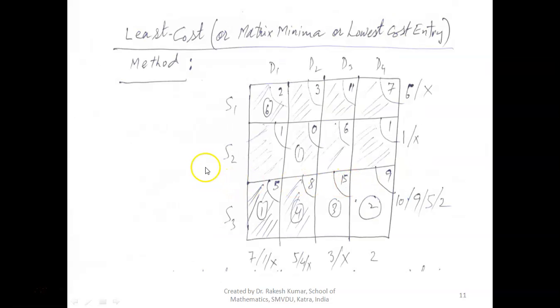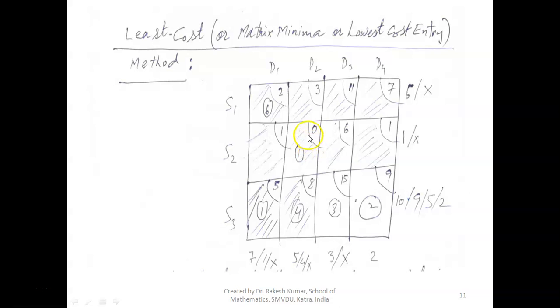Now coming to the second method, that is the least cost method, or matrix minima, or lowest cost entry method. In this method we select the lowest cost throughout the table. The lowest cost here is 0.